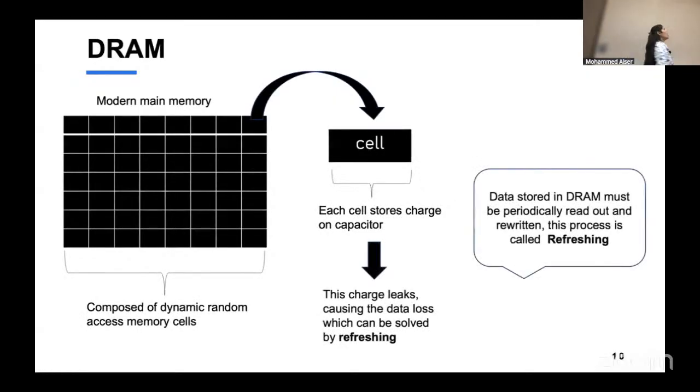DRAM is composed of dynamic random access memory cells, where each cell stores charge on a capacitor. Each cell has a capacitor and a transistor, and our charge or data is stored on the capacitor. And this charge leaks, which causes data loss. In order to stop the data loss, we do refreshing.